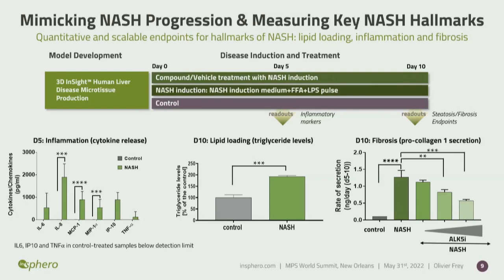At 10 days after this whole protocol we also see an increased secretion of procollagen 1 in the NASH model, and we can even prevent the induction of NASH by using specific inhibitors.